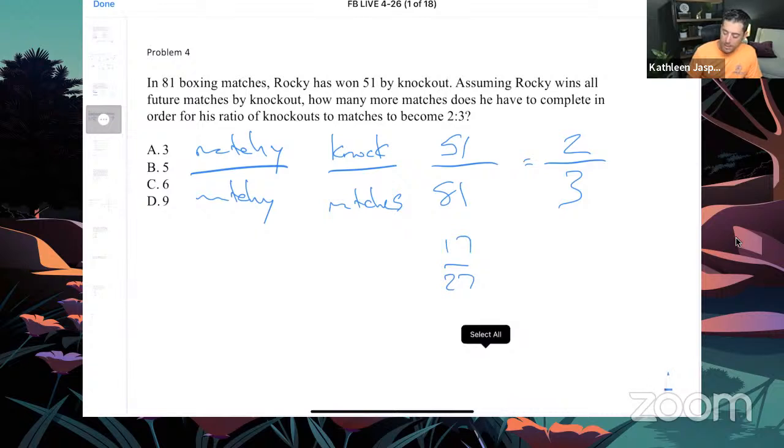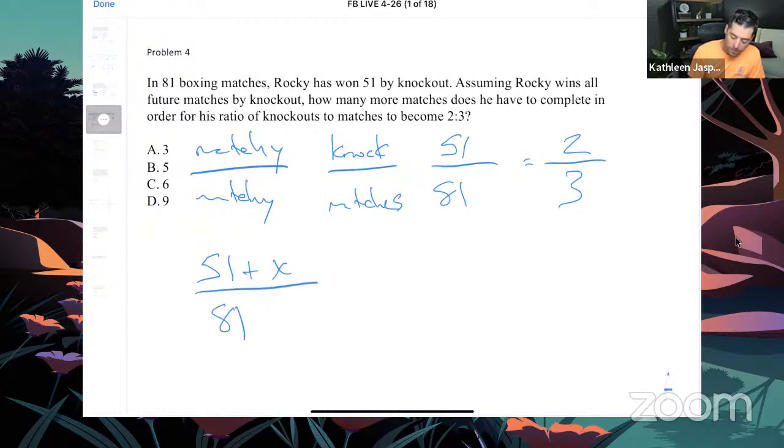So what has to be done is we have to add matches. That's what it says: how many more matches is it? So what happens when we add matches? You have to take the number that you have, 51 plus x. The total matches is now going to change, right?